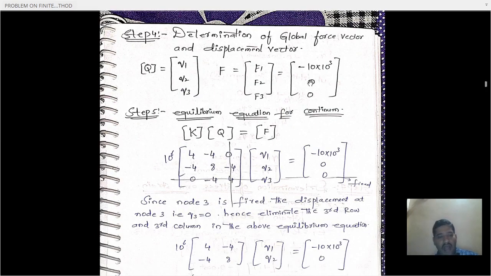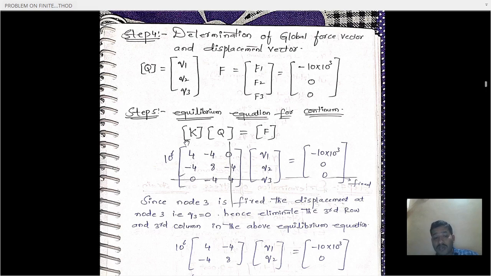No doubt. After that, in step number 5, the equilibrium equation for the continuum. Continuum is nothing but the body. Equilibrium equation for the body, we can say. So K is the global stiffness matrix, Q is the displacement vector, and F is the nodal force vector.